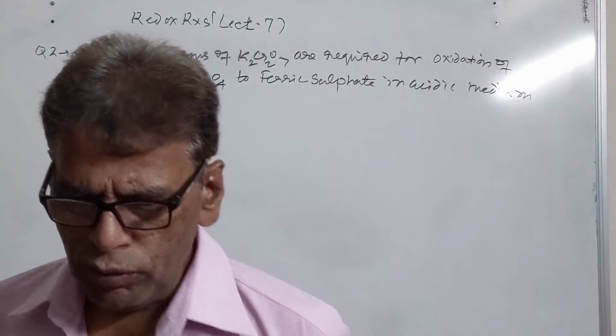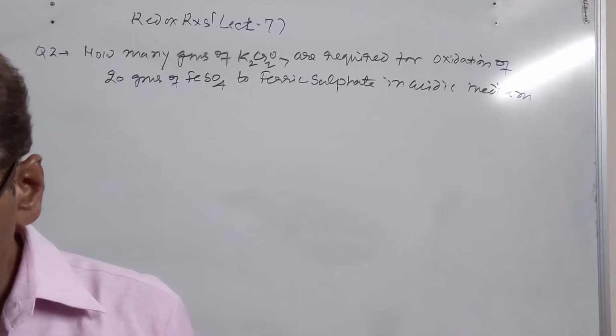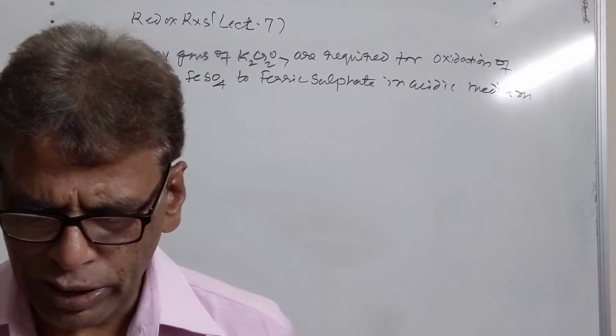How many grams of potassium dichromate are required to oxidize 20 gram of ferrous sulfate to ferric sulfate in the acidic medium?